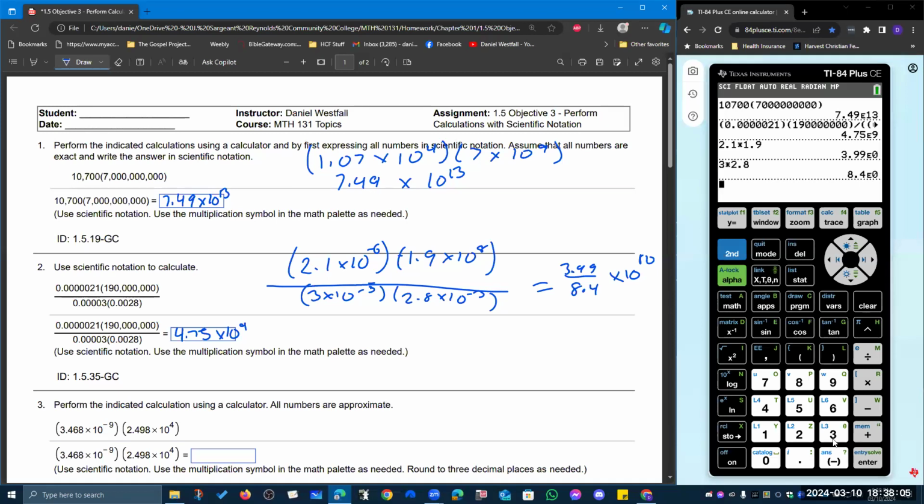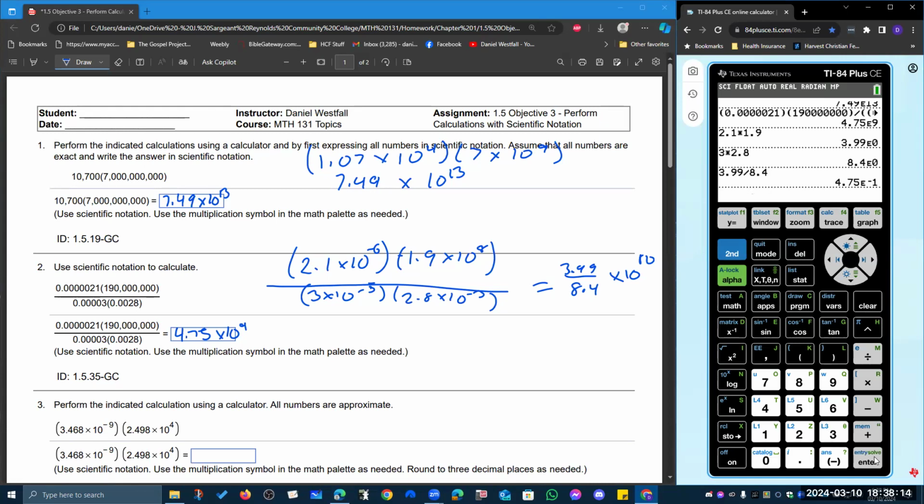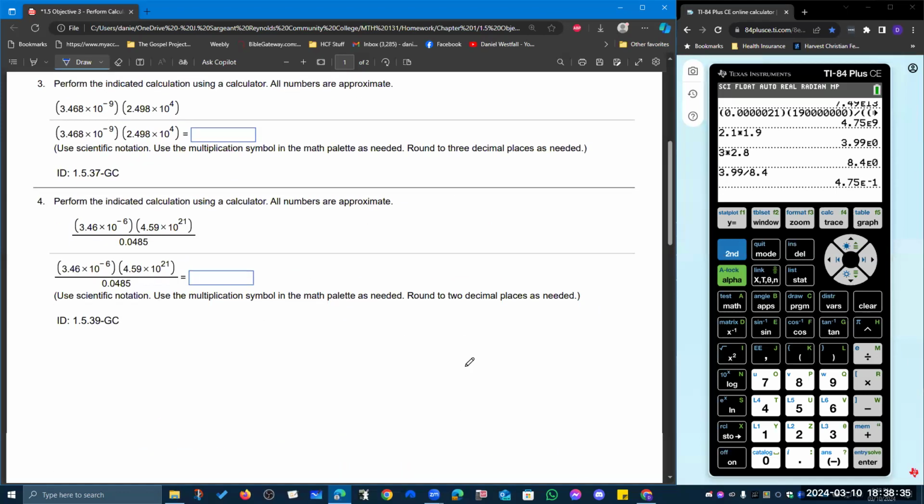And 3.99 divided by 8.4 is 4.75 times 10 to the negative first, times 10 to the 10th. So this is going to make times 10 to the 9th. And we get the same answer as when we did it all in one step in the calculator.